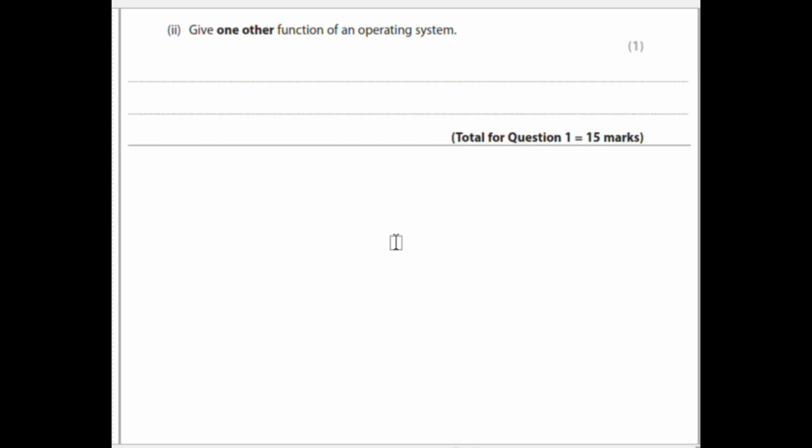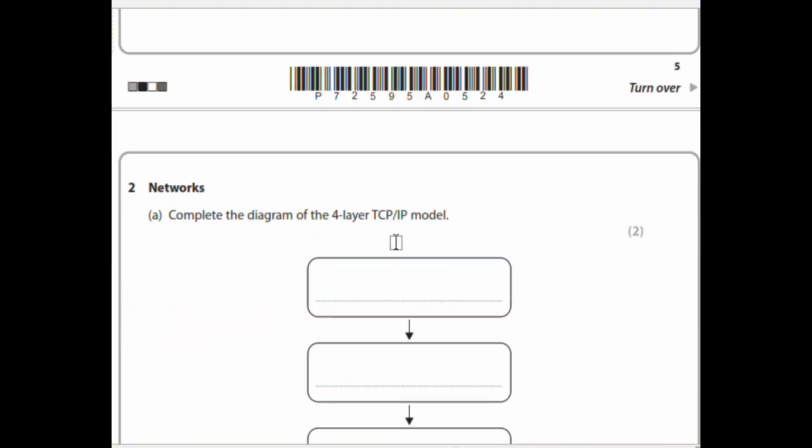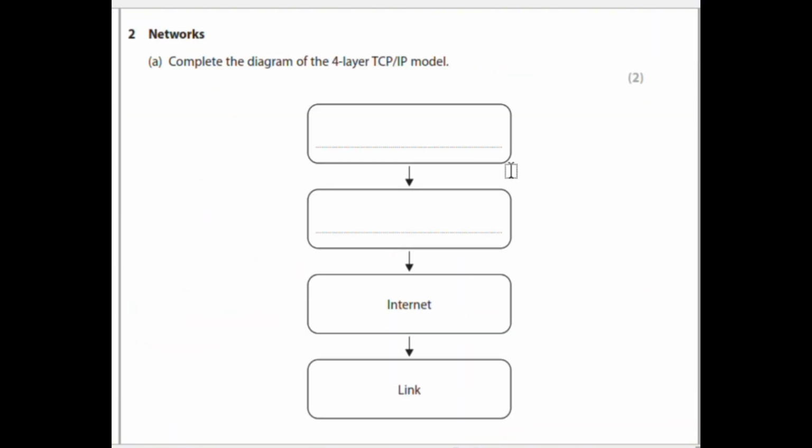Then it also ensures that there is a user interface. For example, we have the icons, the windows, the maximize, the minimize, and so on. All those are part of the OS functions. So it gives you the user interface.